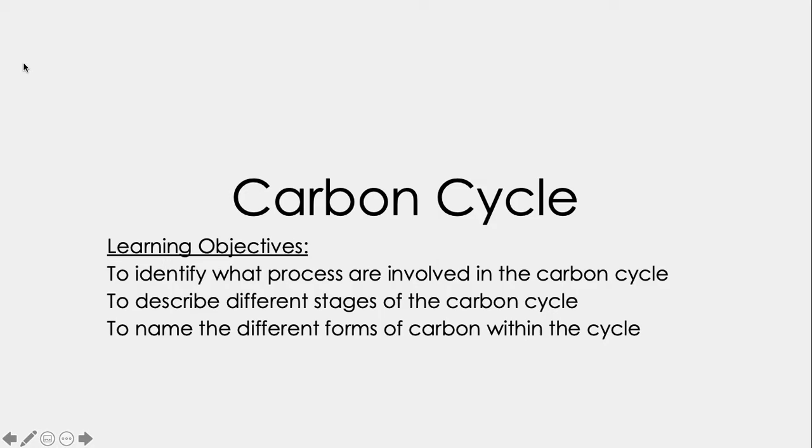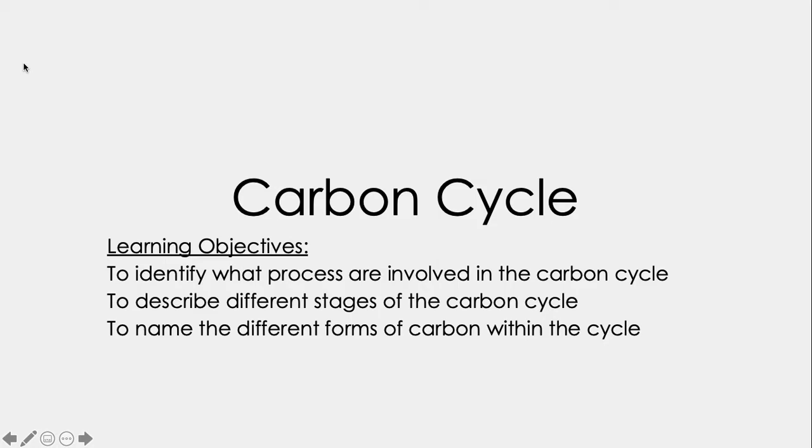But the molecules in which the energy is stored, which are passed along food chains in the form of food molecules, biological molecules, proteins, fats, carbohydrates, the atoms that these are made up of, carbon, hydrogen, oxygen, nitrogen and sulfur for proteins, actually are cycled within ecosystems. And we're just going to look at one of those atoms today and how it takes many different forms within the ecosystem. We're going to look at the carbon cycle.